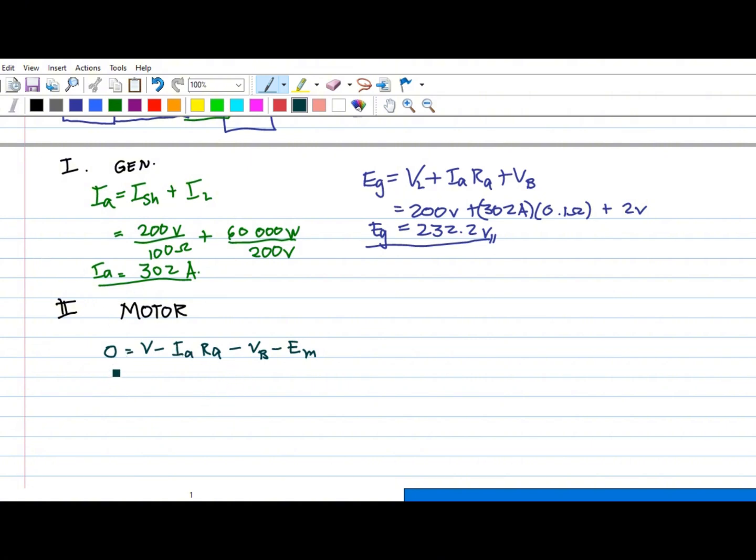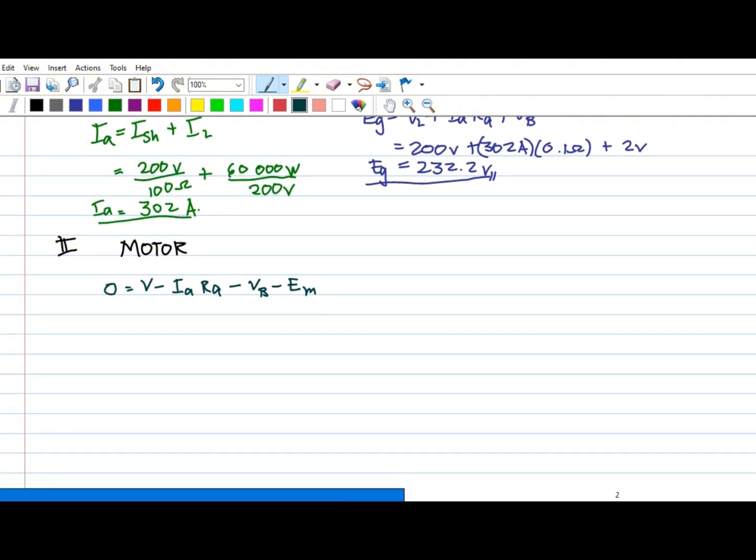So the formula: we find E_M. E_M is equal to V minus I_A R_A minus V_B.